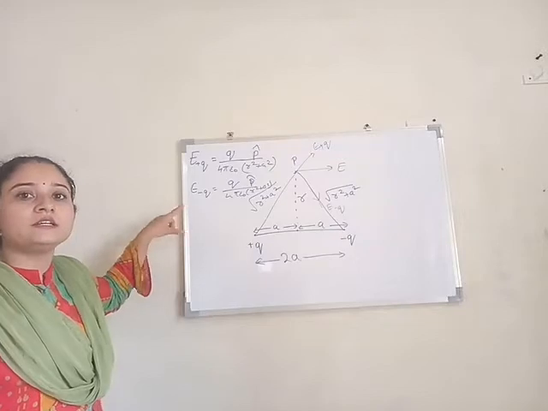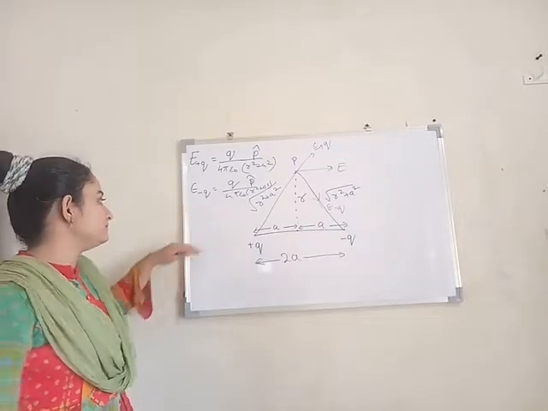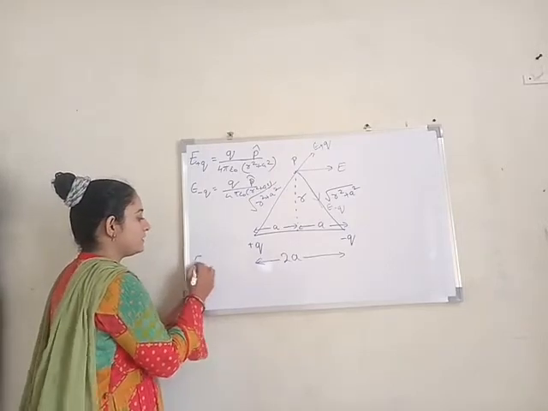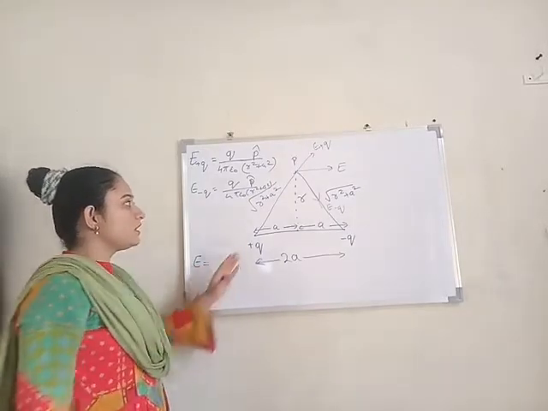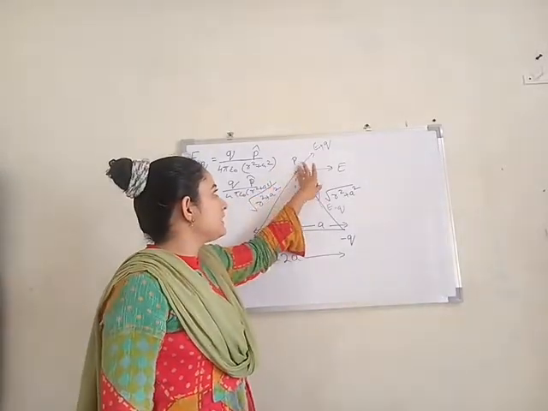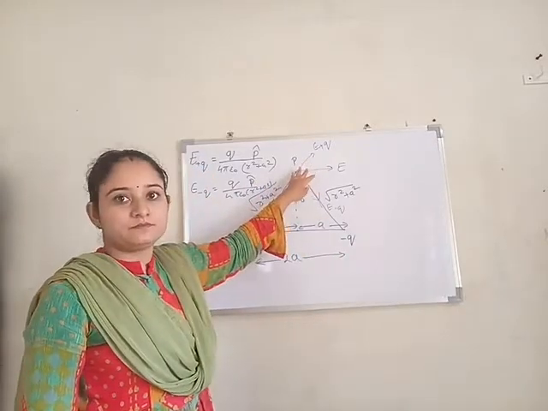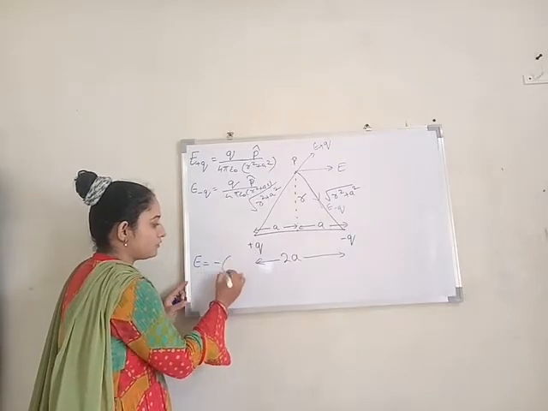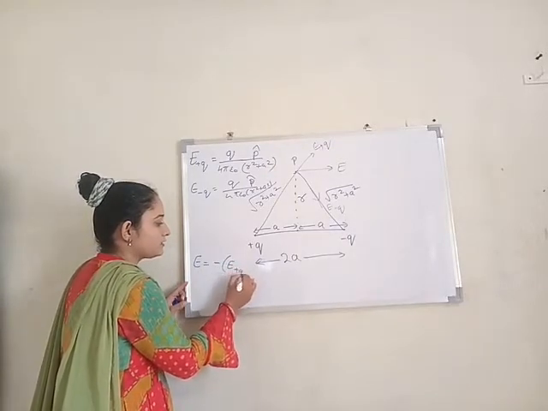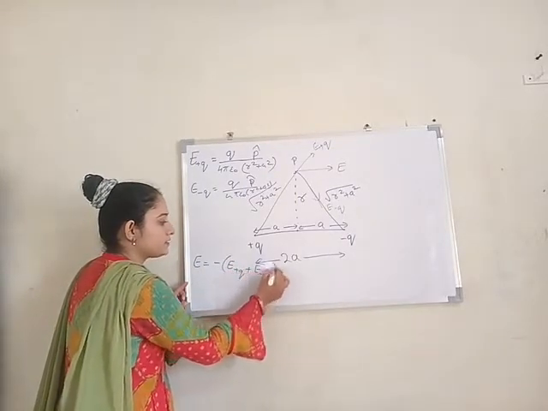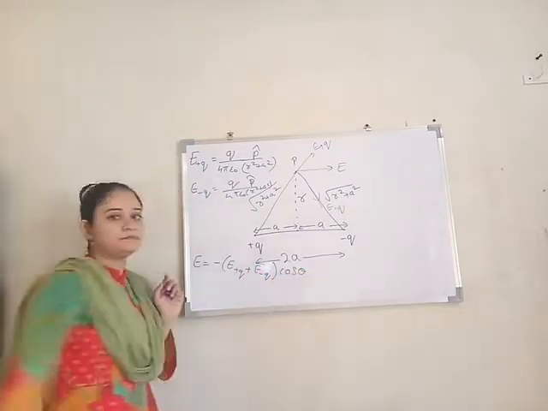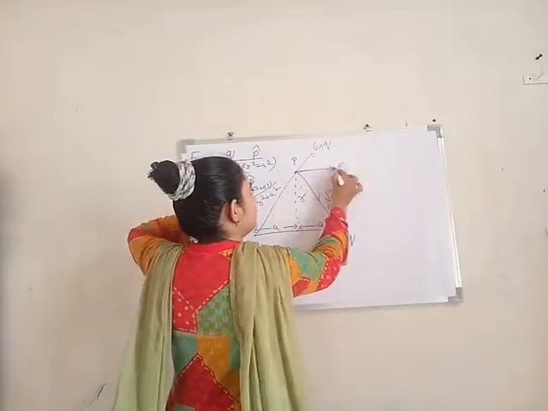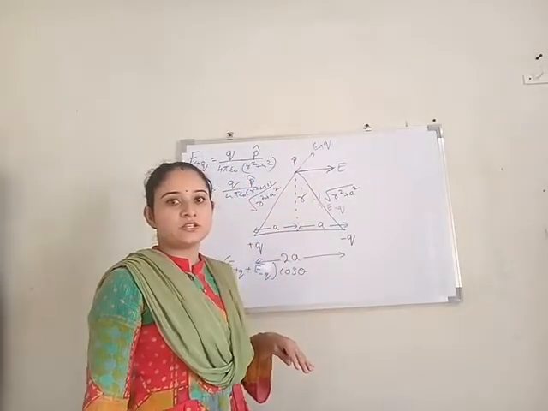Now we have to write the whole electric field E. E will be equal to, here you can see that the direction is opposite, right? So it will be minus of E plus Q plus E minus Q cos theta. This is the electric field in this direction.